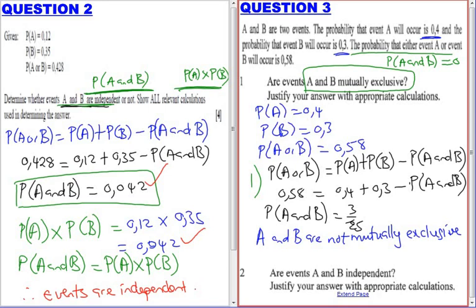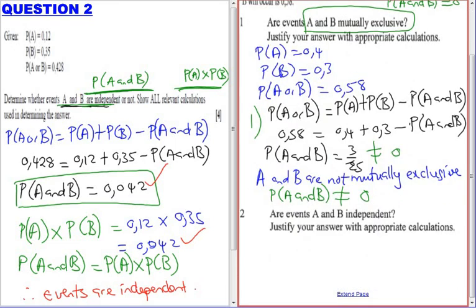Why am I saying this? Because the probability of A and B is not equal to 0. This is definitely not equal to 0, as you can see. All right, so they are not mutually exclusive. I know the probability of A and B happens to be 3 over 25, which is 0.12. You may do it that way.